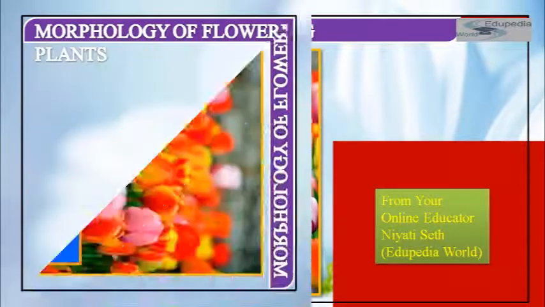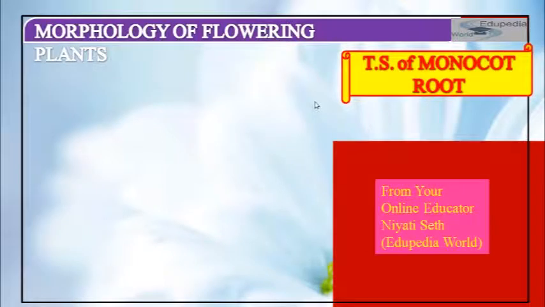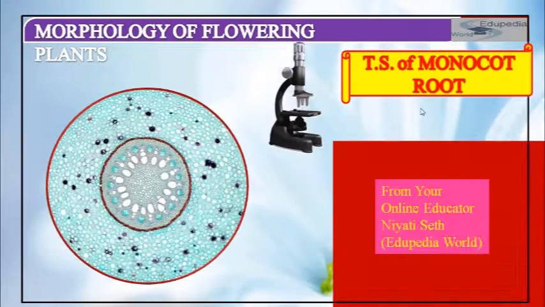As I told you, for a better understanding of tissue organization of roots, be it roots, stem or leaves, it is convenient to study the transverse section of that particular organ. So this is the transverse section of the monocot root. The anatomy of the monocot root is very much similar to the dicot root in many respects.